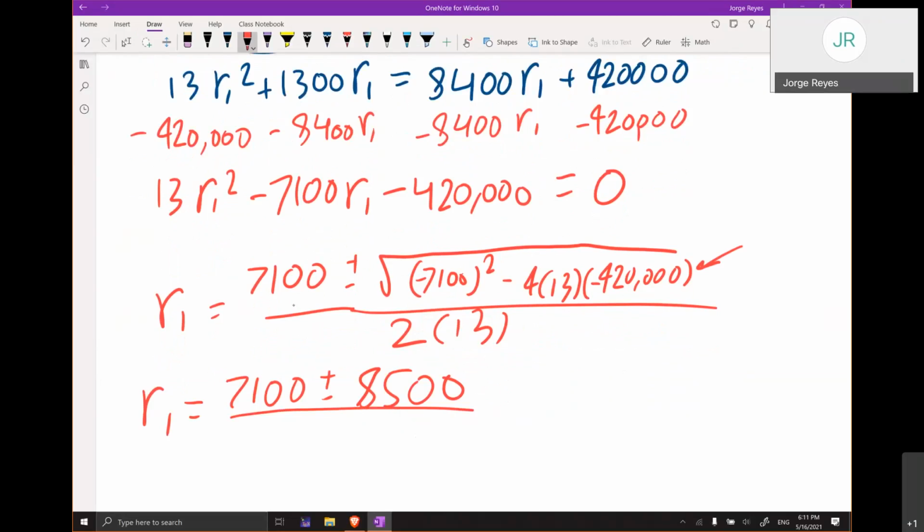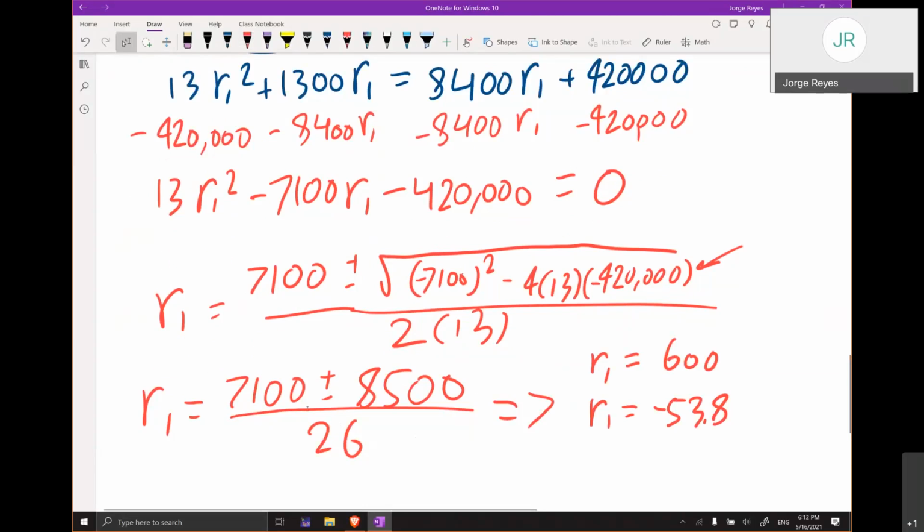Over 26. And then you have two answers, the plus and the minus. If you do the plus case, you get 600. If you do the minus case, you get negative 53.8. Now here's the important part.